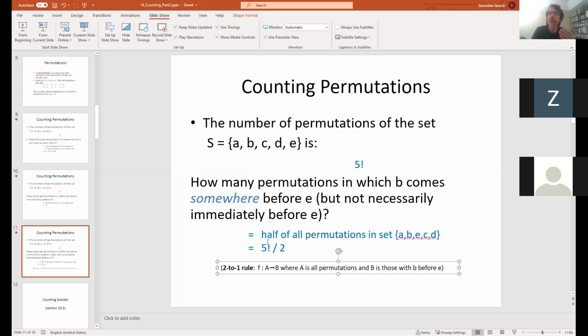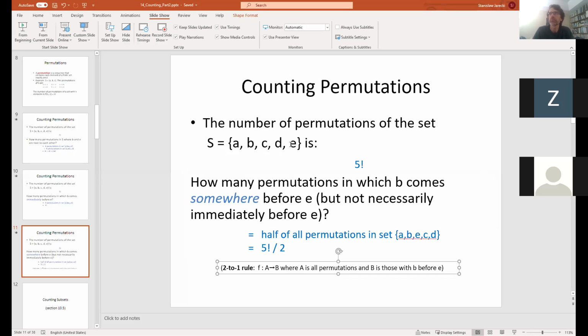So therefore, just count all and divide by 2. It's like taking shoes and dividing them by 2 because every kid has 2 legs, so I get the number of kids. But here it is a non-trivial case. It is not obvious how to count these.